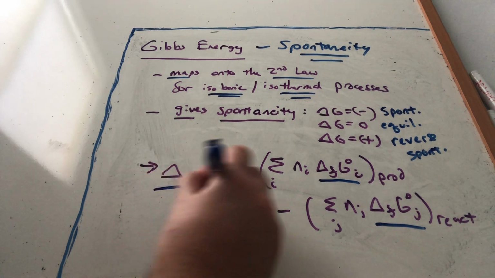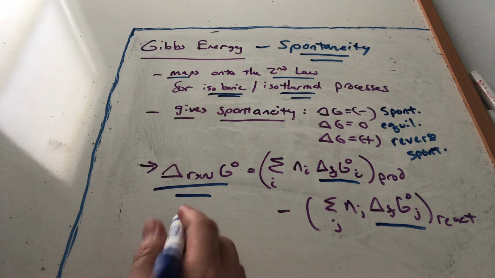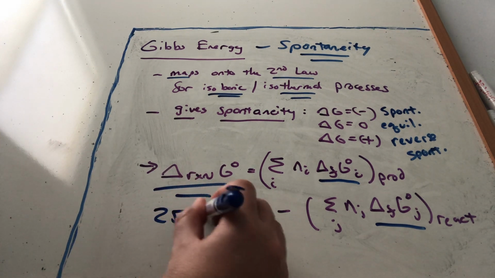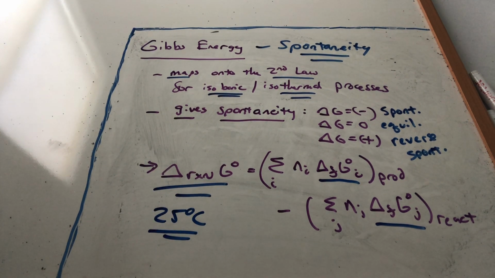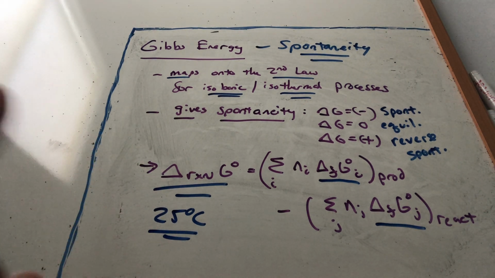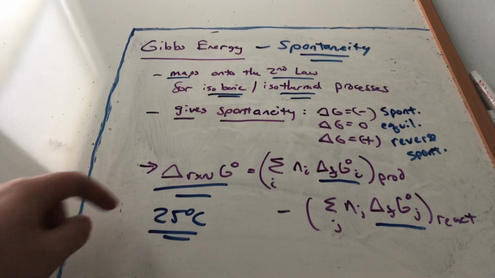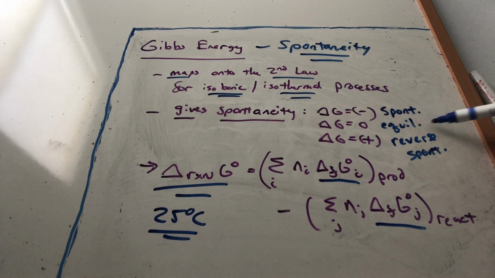When you do this for the table with delta G naught, that's only for 25 degrees Celsius, because that's the temperature of that table. What we'll find is that delta G does change with temperature. So we pretend that delta H doesn't, we pretend that delta S doesn't. But delta G definitely changes with temperature, and that makes sense because things change their spontaneity based off of temperature.